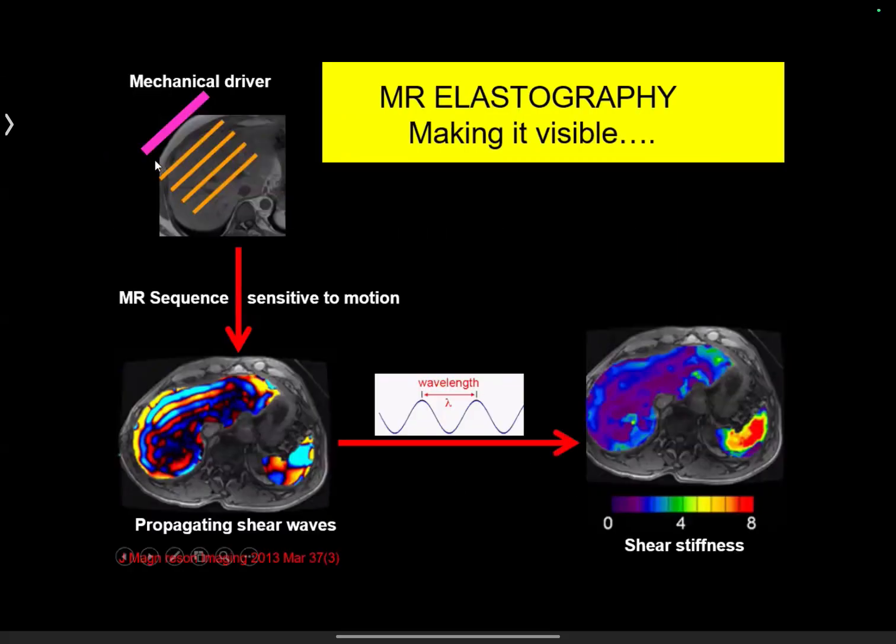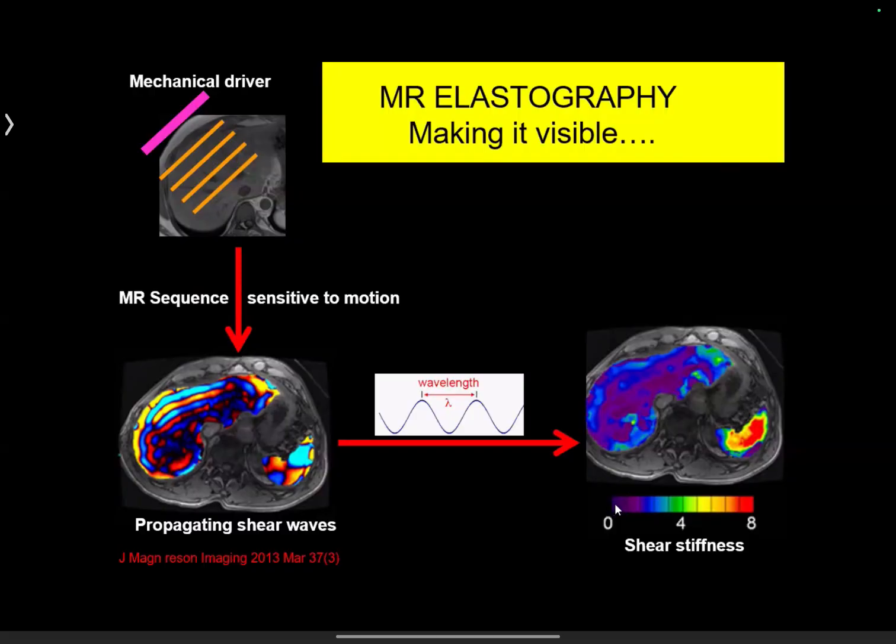So what happens? The shear waves are generated, and those shear waves are identified by a gradient sequence. The information is then transmitted in the form of a map, which is visible to us, and it has a color coding.